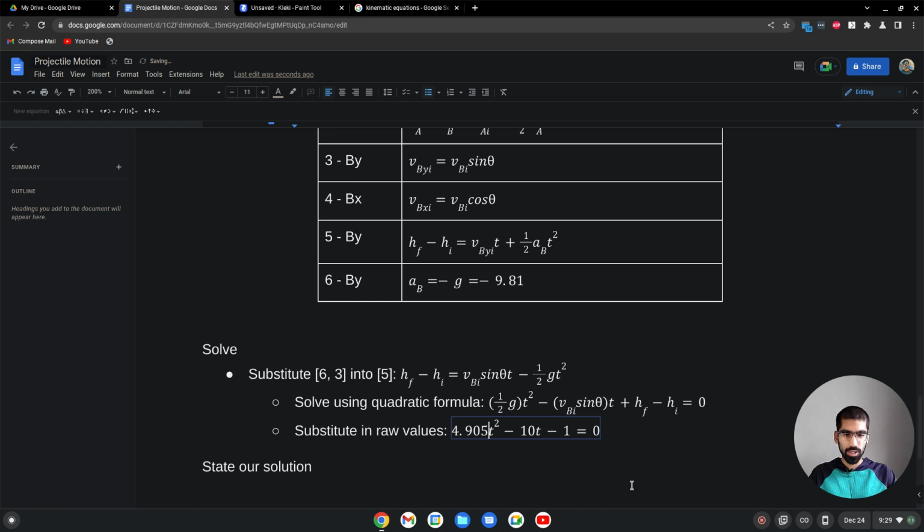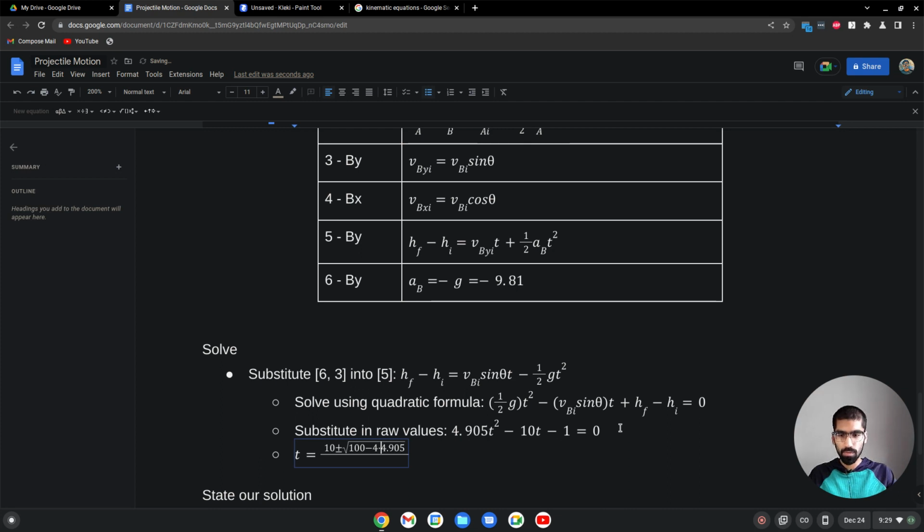And then the quadratic formula just becomes t is equal to negative b, so negative of negative 10 is positive 10, plus or minus the square root of negative 10 squared, which is 100, minus 4 times 4.905 times negative 1.